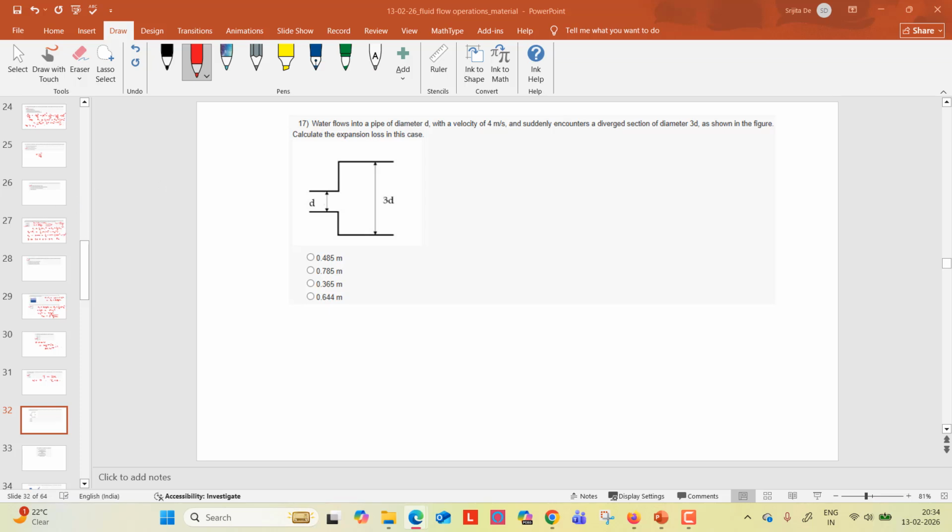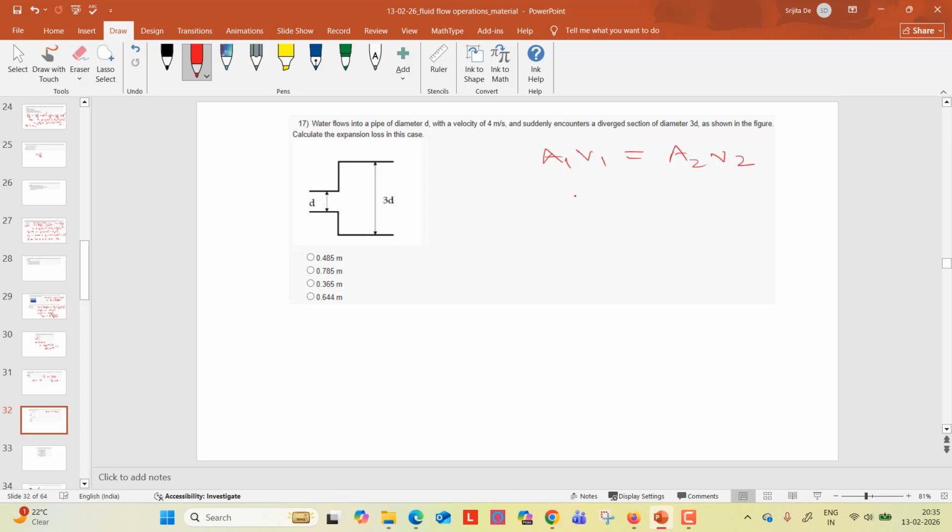Water flows into a pipe of diameter d with a velocity of 4 meter per second, and suddenly it encounters a diverged section of diameter 3d as shown in the figure. Calculate the expansion loss. We can calculate V2 from the expression A1 V1 equals A2 V2.